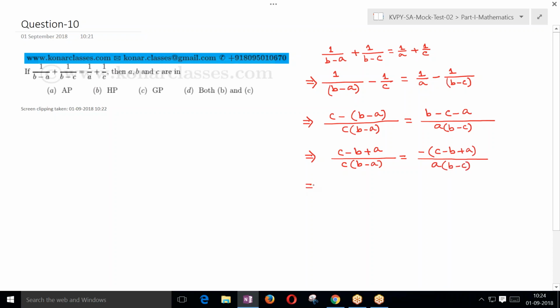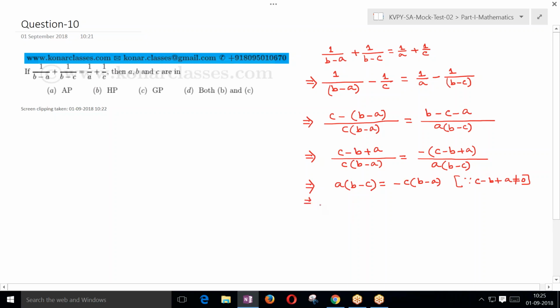So this implies a into b minus c is equal to minus of c into b minus a, since c minus b plus a cannot be equal to 0. Because if it is 0, then the question doesn't make sense. So that's why it should not be equal to 0.